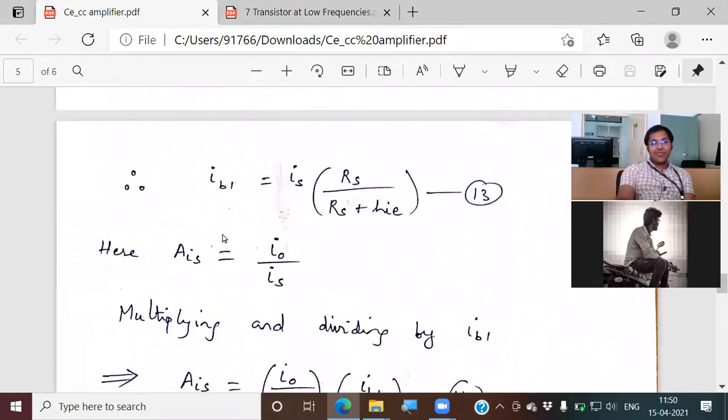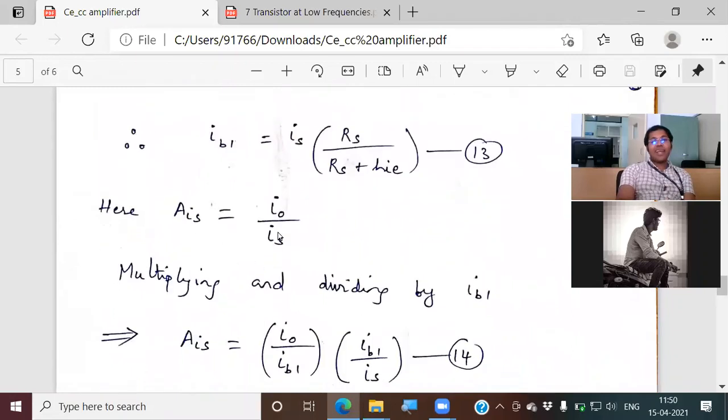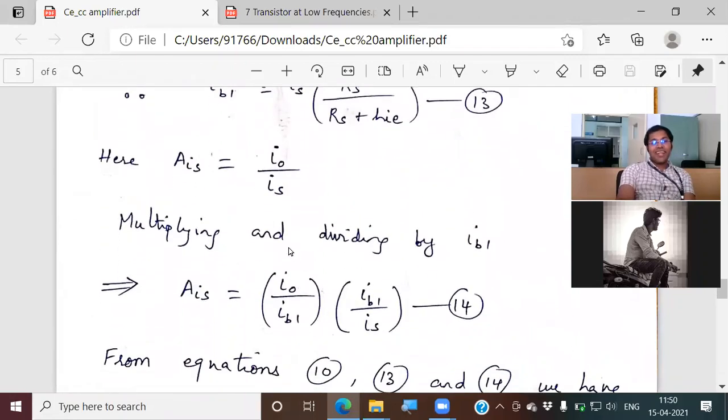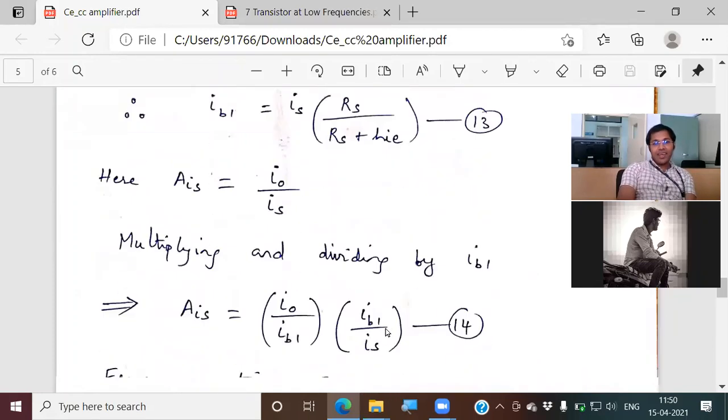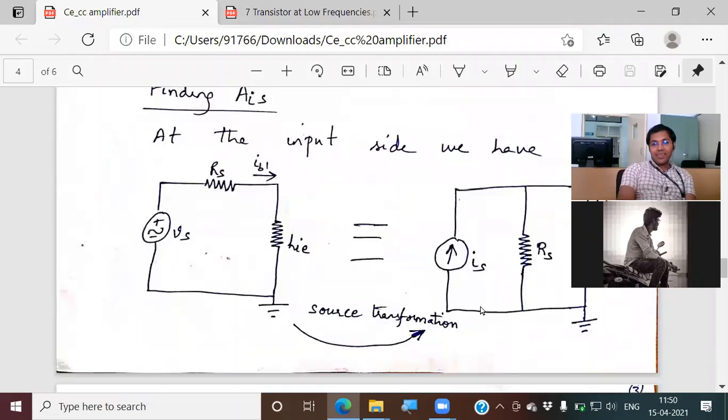So what we are actually doing here is splitting I naught by Is like this. We are multiplying and dividing by IB1 so that this is AI, which I already derived. I need not rederive it. And for the other part, IB1 by Is, I have Is and I have IB1.